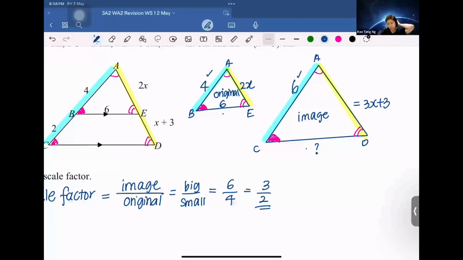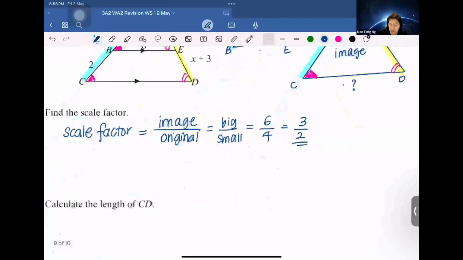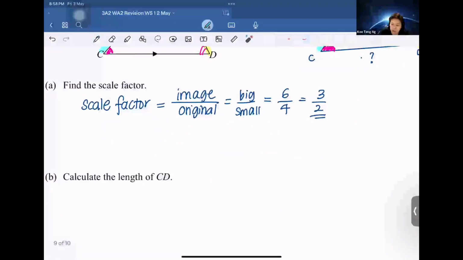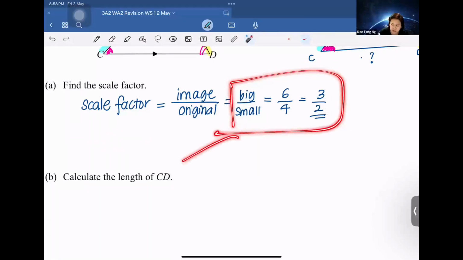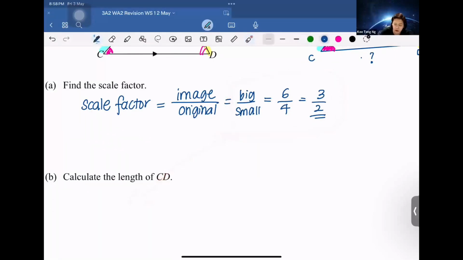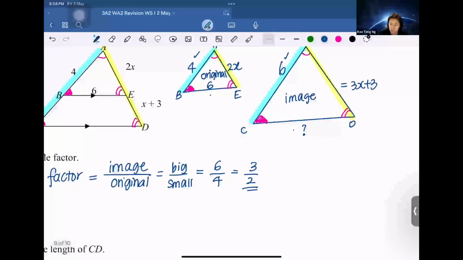So, okay, using my scale factor over here says big over small, right? So I'm going to use this scale factor over here. Length of big over small, right? My length of big, which is CD, over the small one, which is BE, is 6 cm.